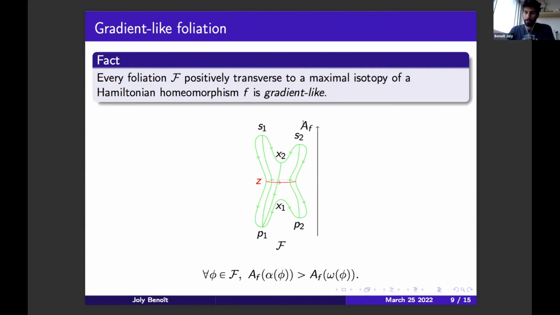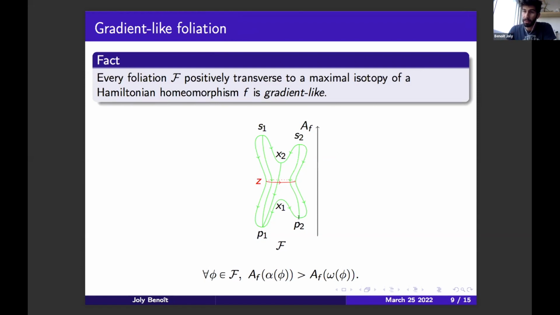Consider an autonomous Hamiltonian. Everything just turns around the point z, and the natural isotopy is a maximal isotopy, because if there is another fixed point, for example if z is a fixed point of f, it is linked with the other singularities here.